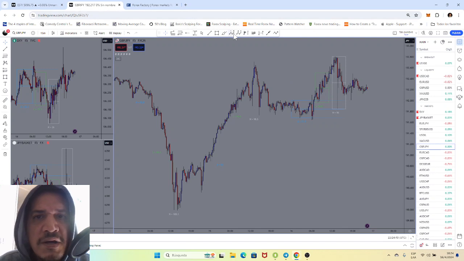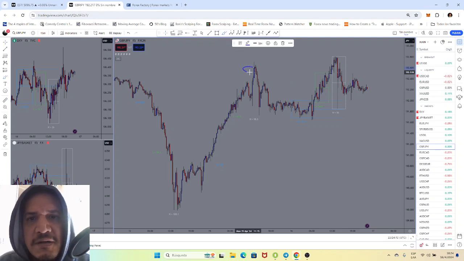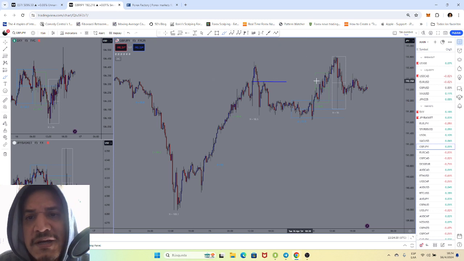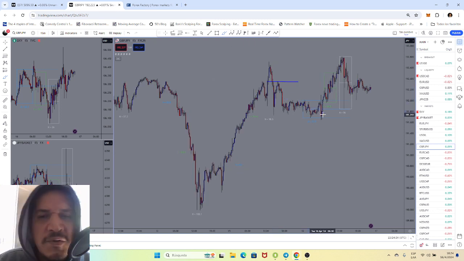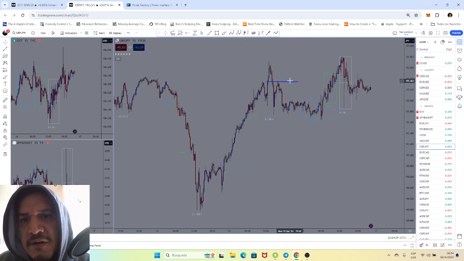Yeah, I remember. We shorted here around these levels. I think my entry was here. And then I moved my stop losses. Yes, that's exactly where my entry was. I moved my stop losses to break even when the trade was running at around 0.8 R. Got stopped out at break even.